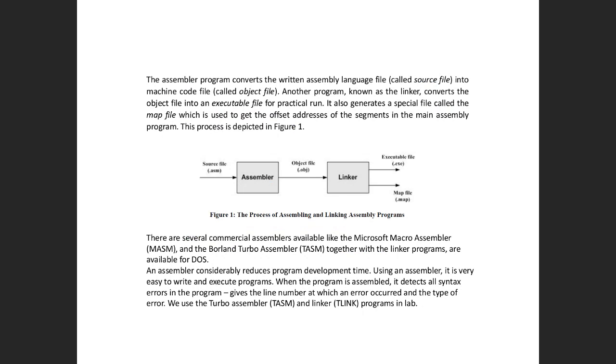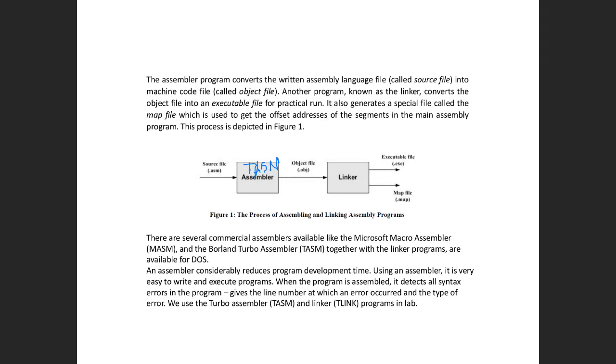Now how do we write our program? First of all, we open a notepad, and then we save it as a .asm file. Then we use the assembler, like TASM. TASM translates this assembly language file into a machine language file, which is also called the object file.